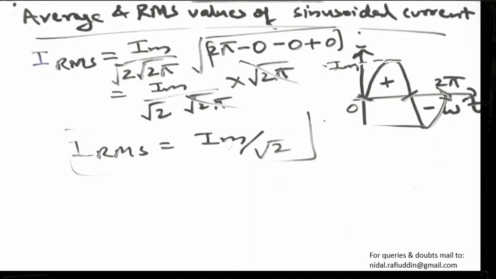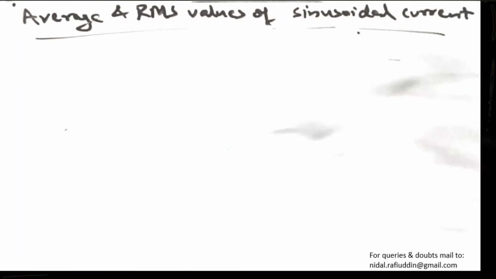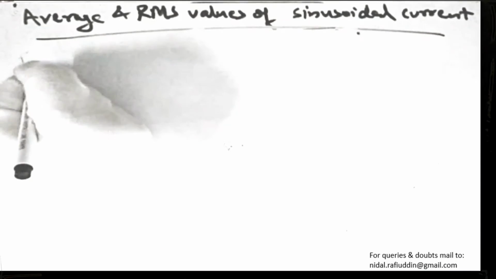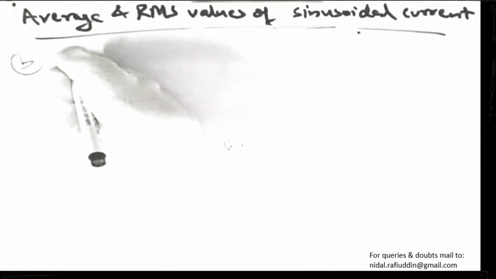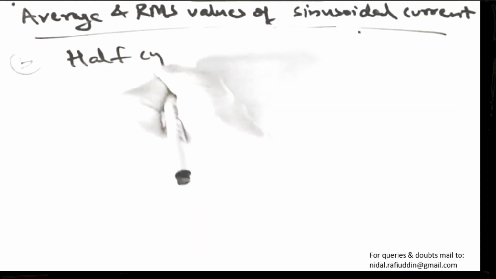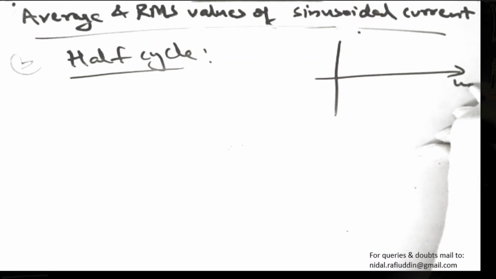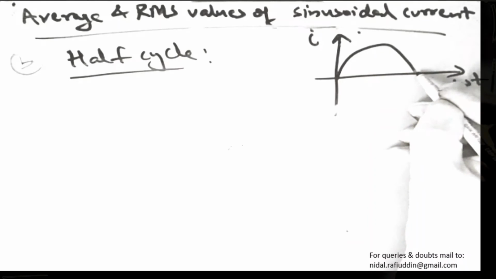So let us redraw the waveforms. The B part is for the half cycle.